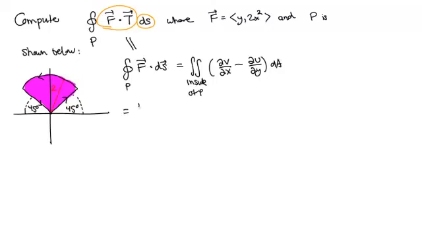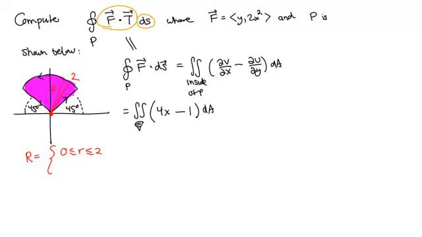So we need to go and do a double integral over this little pie shape of the function del v del x, which would be 4x, minus del u del y, which would be 1 dA. So now all we need to do is describe this region. Well, this region is really easy to describe in terms of its polar coordinates. The radii will always go from a minimum radius of 0 to an outer radius of 2.